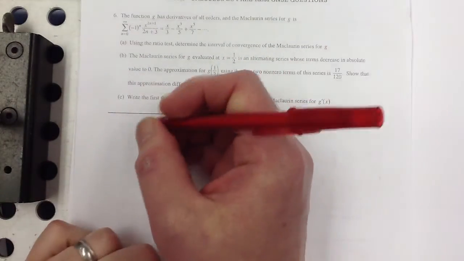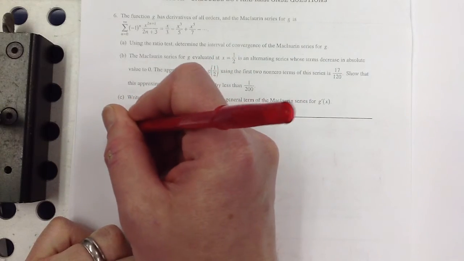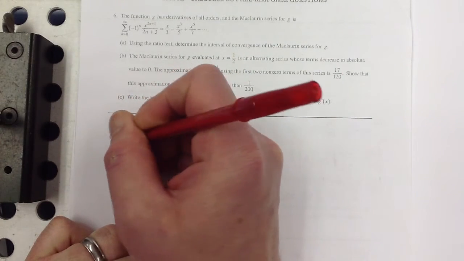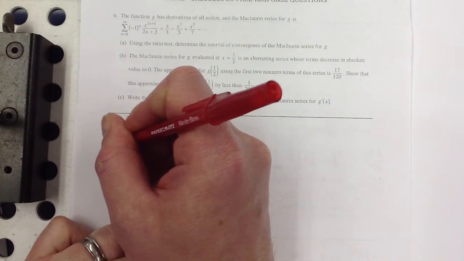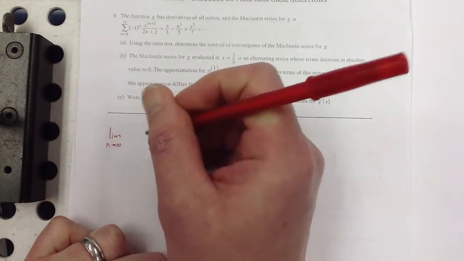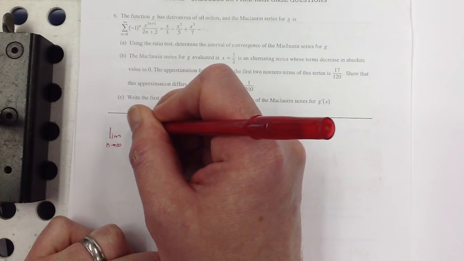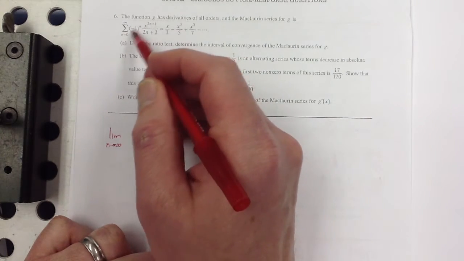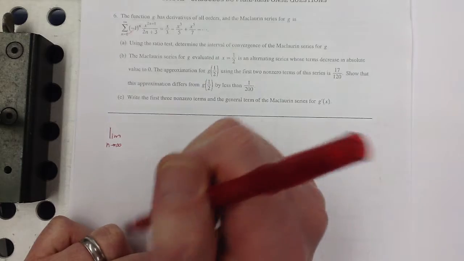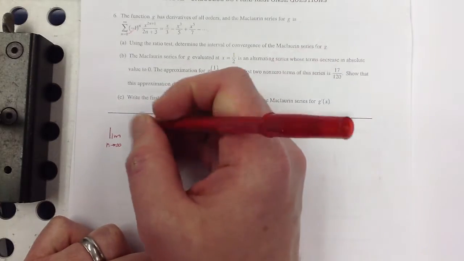So the ratio test is we want to find what is the limit as n approaches infinity of the n plus 1 term. And remember we're doing absolute value, so you do not include the sign flipper in here. It's like the absolute value of this.